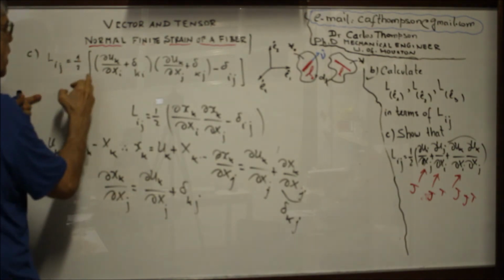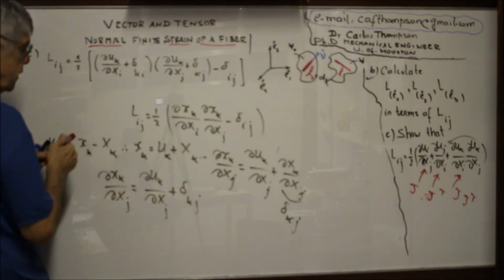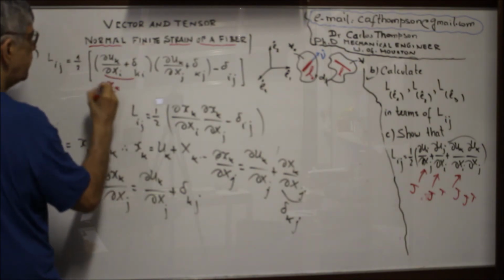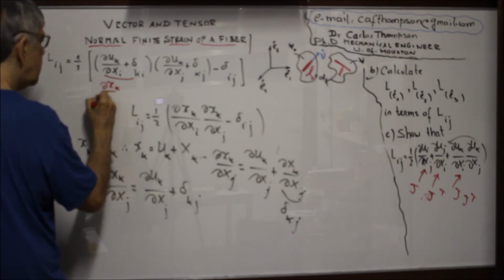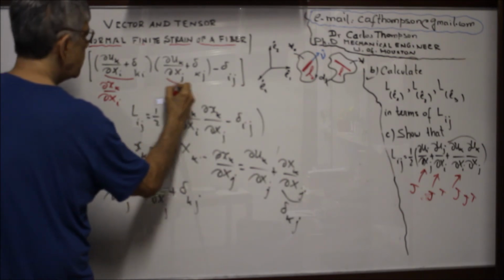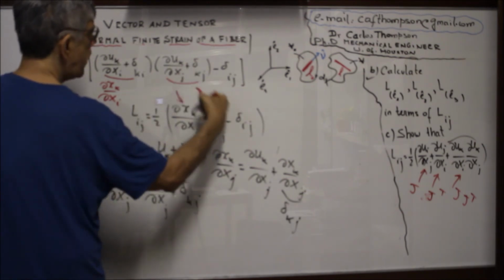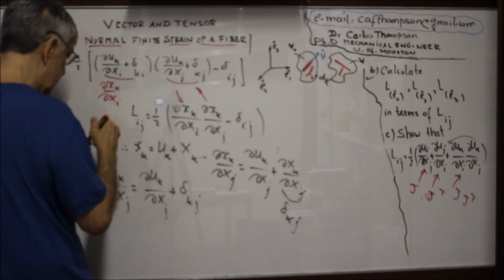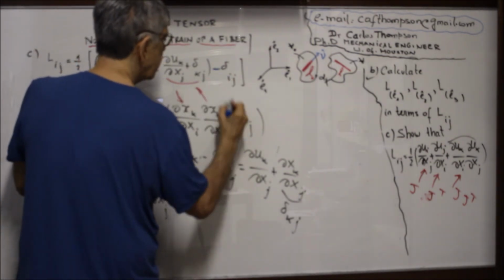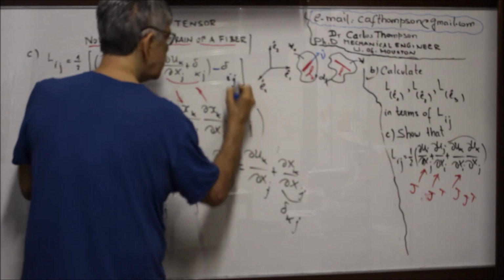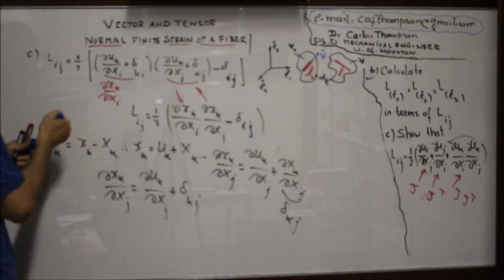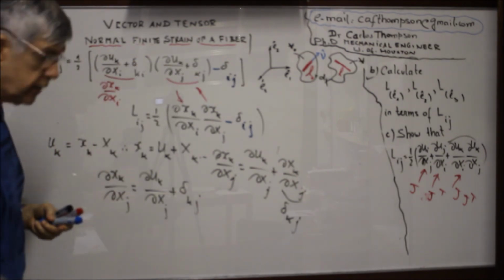So L_ij will be 1/2. Don't forget that this over here is partial of x_k with respect to X_i, and this one is partial of x_k with respect to X_j. And don't forget to subtract delta_ij, minus delta_ij.